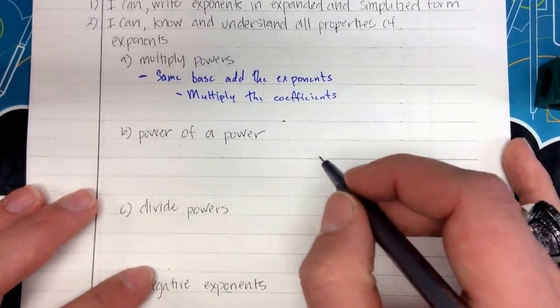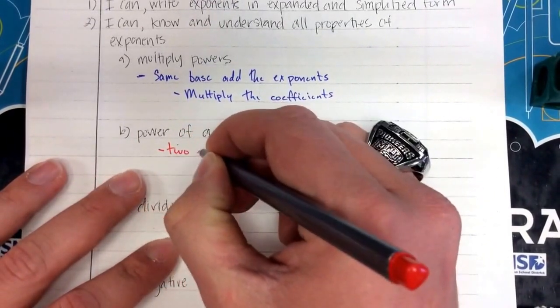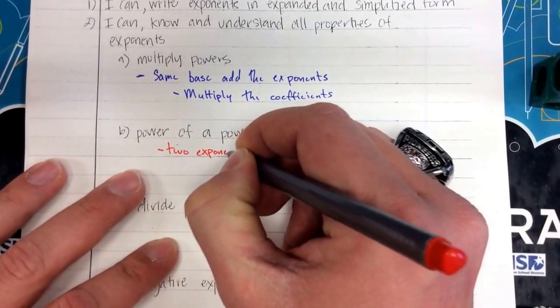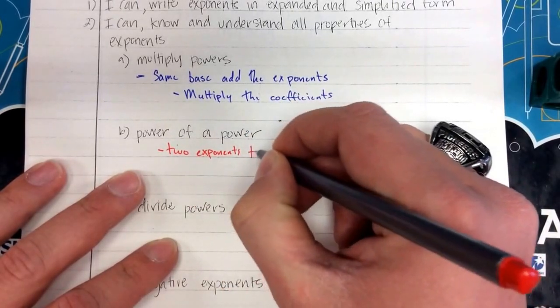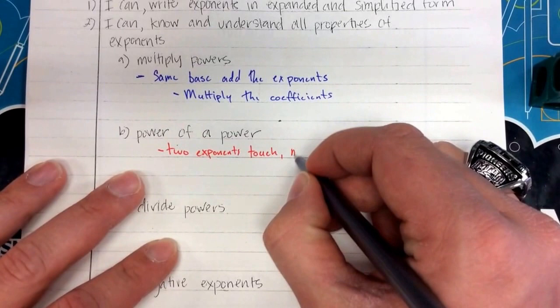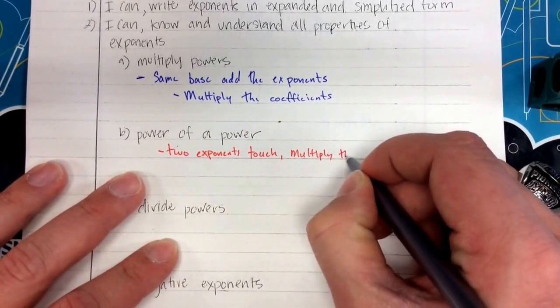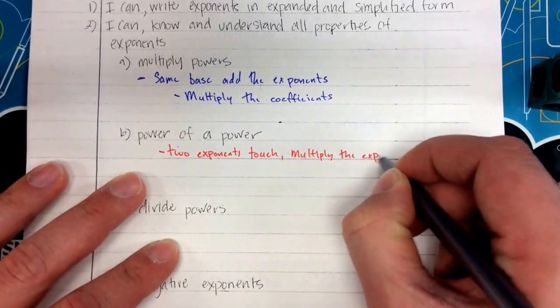So when two exponents touch, we're going to multiply the exponents.